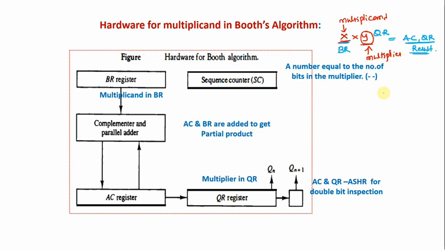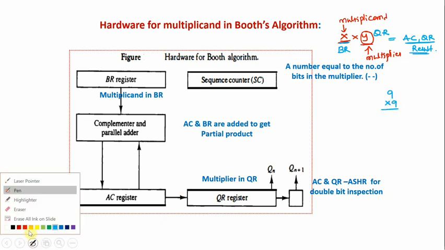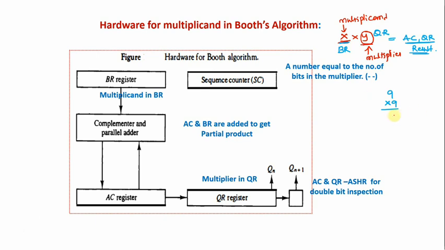Because, a simple example I'll tell you. When you perform a multiplication of two single-digit numbers, 9 into 9, the result is 81. When I'm performing multiplication of two one-digit numbers, maximum I can get two digits.